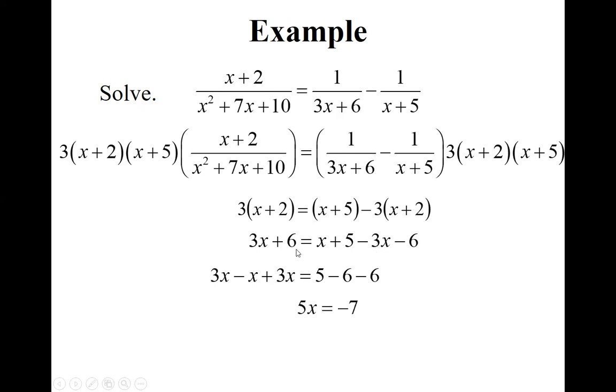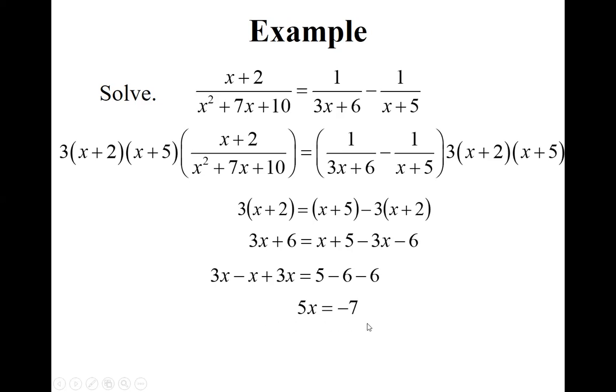Add 2x to both sides, we get 5x. 5 minus 6 is negative 1. Subtract 6 from negative 1, we get negative 7. So same as subtracting x and adding 3x, and then subtracting 6.